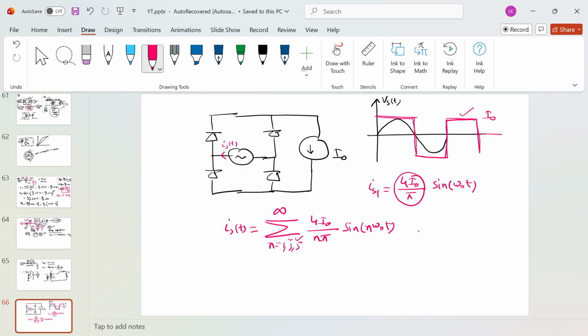The apparent power is nothing but, let me write down the active power first. Let's say my supply voltage Vs of t is root 2 V sine omega naught t. So my active power will simply be V into 4 I naught by pi root 2.